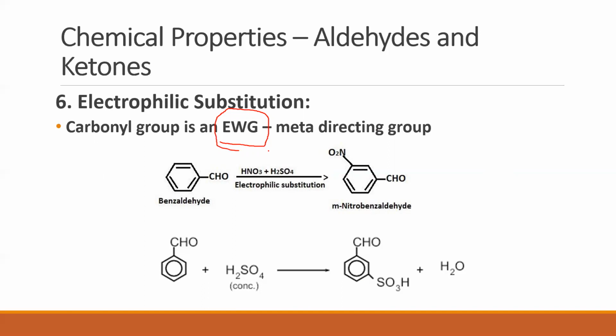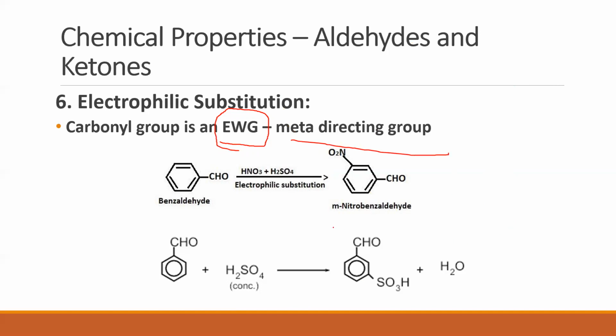Haloarenes and phenols gave us ortho-para products, whereas carbonyl compounds, be it an aldehyde or a ketonic group that's attached to a benzene ring, they will give us meta products because the carbonyl group is a meta directing group.